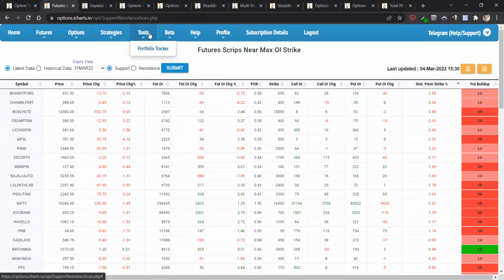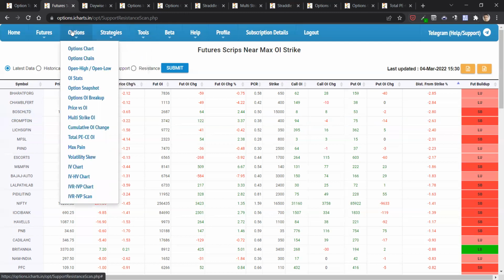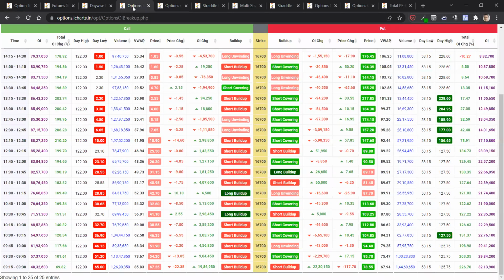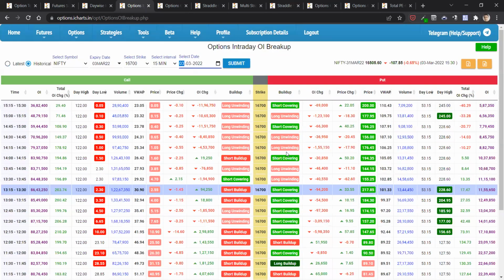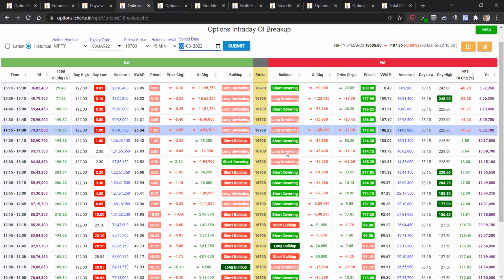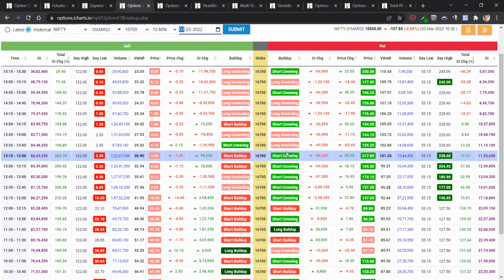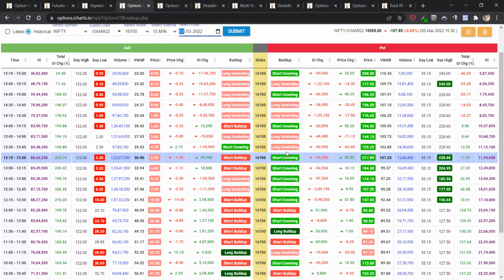Sir, one more query. In the option OI breakup tables, there are so many columns like VWAP, day, all these individual columns. Can we get an option to switch whichever columns we require?